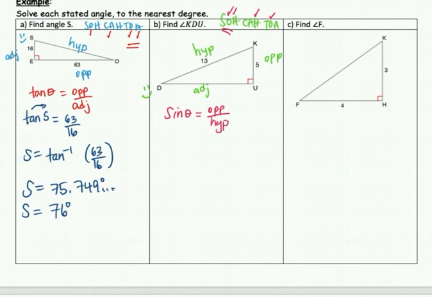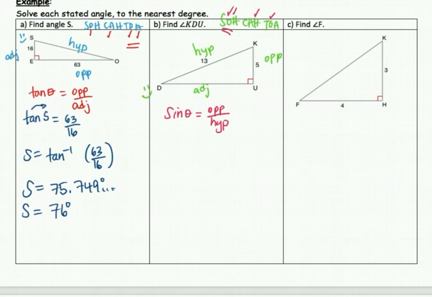Again, I found that some of you were good at labeling the sides and were able to find the right trig function to use, but then you used the wrong formula. So just take a second and make sure you're writing down the right formula. Have them listed somewhere on the side of your notes. So let's fill this in.